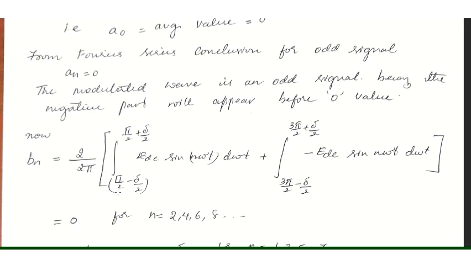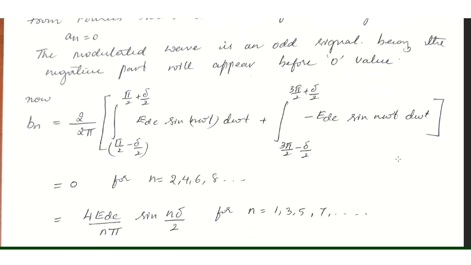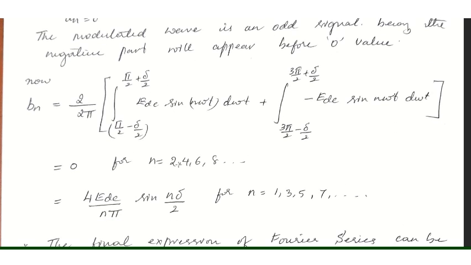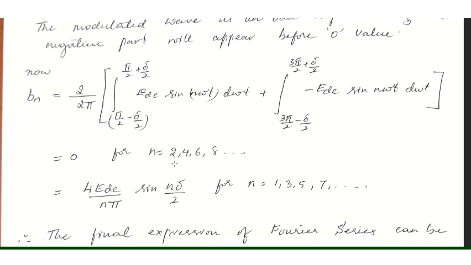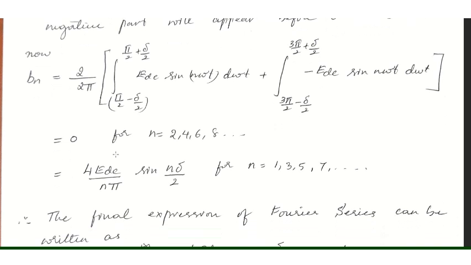Within the limits π/2 − δ/2 to π/2 + δ/2, E_DC sin nωt d(ωt), plus the second part of the waveform, 3π/2 − δ/2 to 3π/2 + δ/2, minus E_DC sin nωt. For even values of n, B_n will be equal to 0. Applying the limits, you will get B_n equal to 4E_DC by nπ into sin(nδ/2).